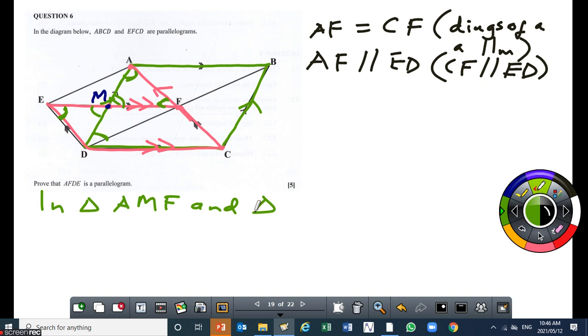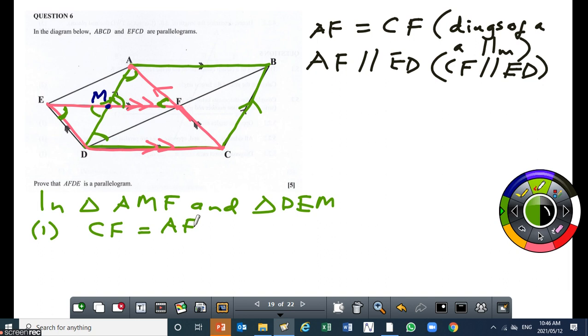So my two triangles that I'm going to identify are triangle AMF and triangle DEM. Number 1. I hope you're aware of this: if I start with AMF, CF is equal to AF.